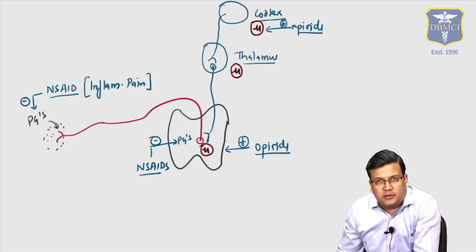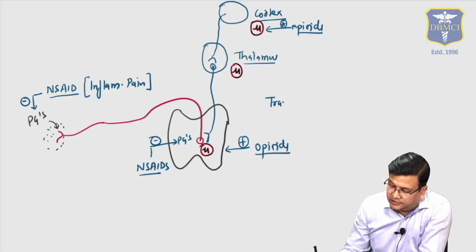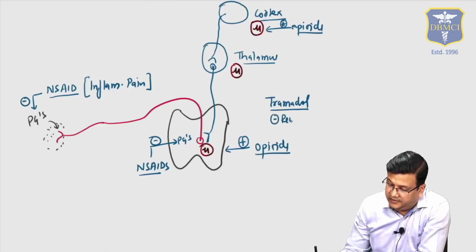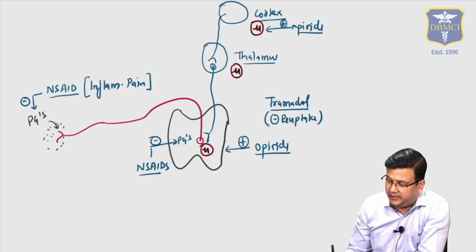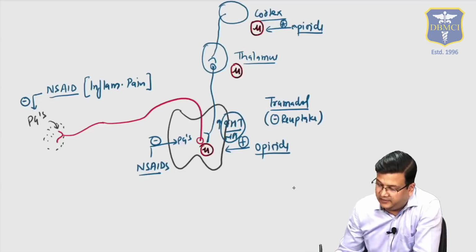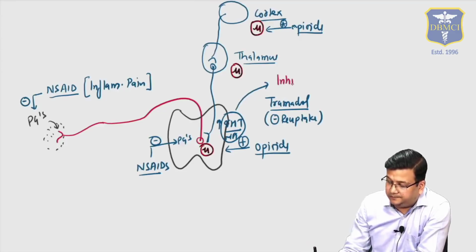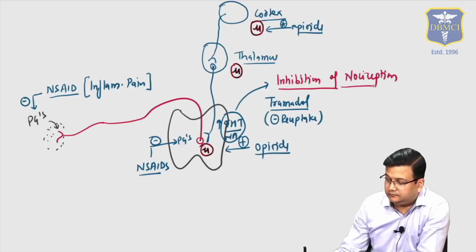Now comes the role of tramadol. Tramadol, in addition to this mechanism, is also inhibiting the reuptake of serotonin and noradrenaline. So the level of 5-HT and noradrenaline goes up in the spinal cord and supraspinal level, and they cause inhibition of nociception mainly at spinal level.